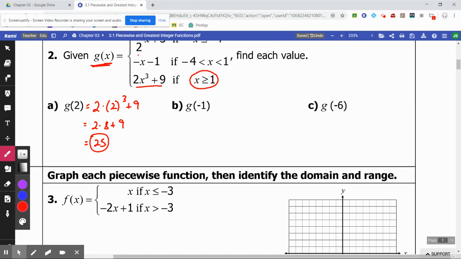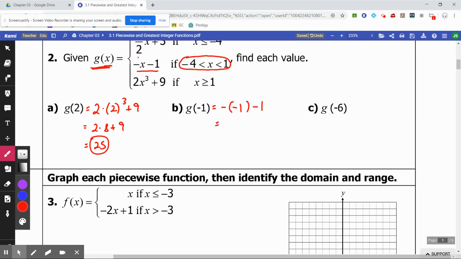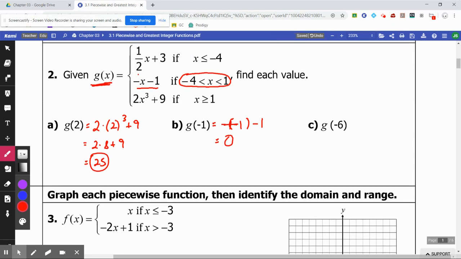B part says find g of -1. So again, ask yourself, where is -1? And we know that -1 is between -4 and +1. So therefore, we're going to plug it into this part. So g of -1 would be negative, take out the x, and plug in -1. So you have -1, which is +1, minus 1, which is 0. And finally, g of -6, C part.